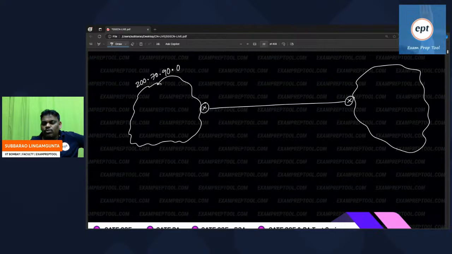Left side is which class? I want an answer from everyone. Make it fast. Left side is which class?